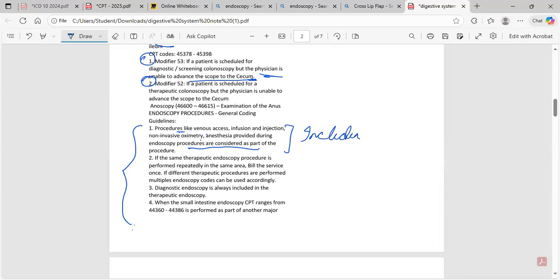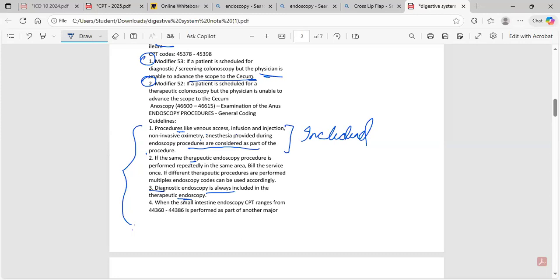We are not going to bill these separately. If, as I already told you, a therapeutic procedure and a diagnostic procedure are performed at the same location, we have to bill the therapeutic only. Diagnostic is always included in the therapeutic.